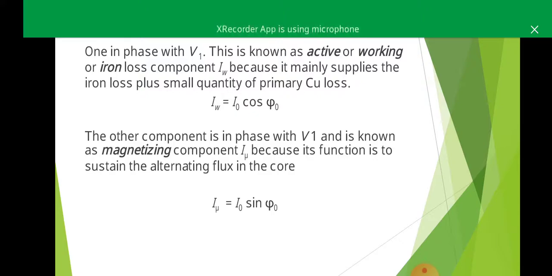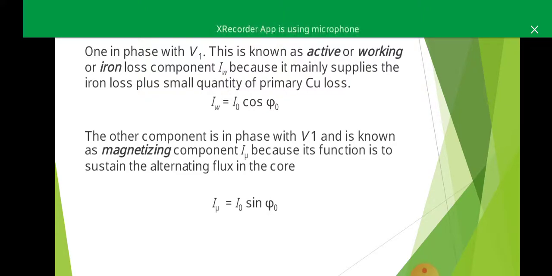The first component, in phase with V1, is known as the active or working or iron loss component, denoted by I_W, because it mainly supplies the iron loss plus a small quantity of primary copper loss, and it is equal to I0 cos φ0.